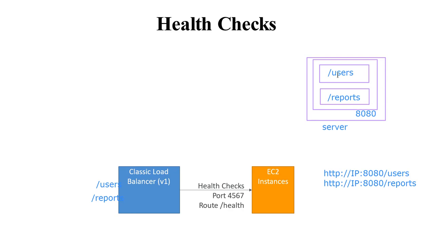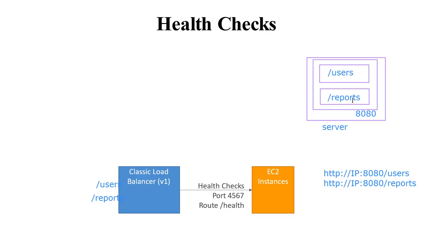Maybe the users and the reports applications are running on the same service, or maybe some EC2 instances handle only the users application, and other EC2 instances handle only the reports application.